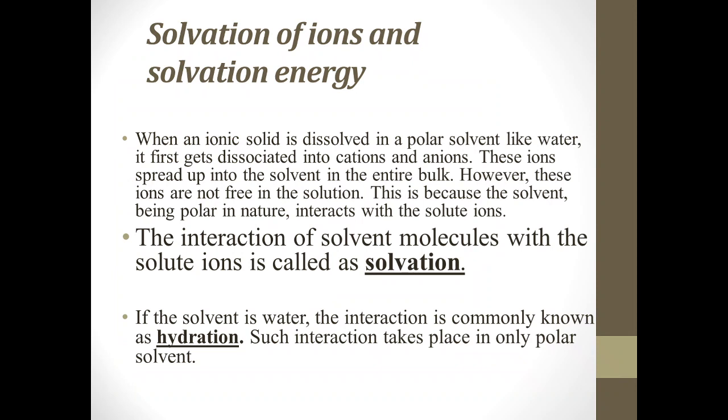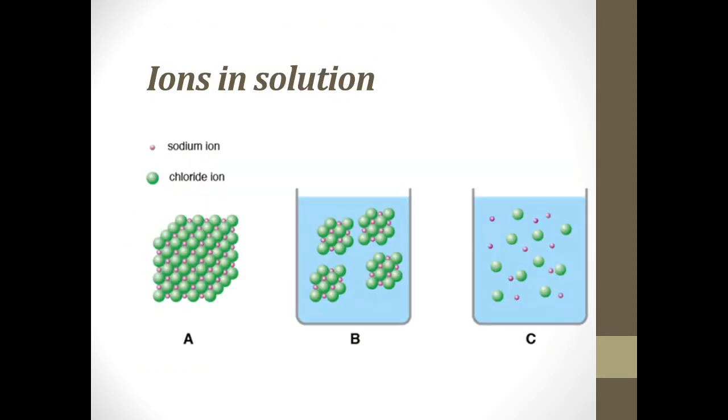Now, as we all know, an ionic solid can be dissolved in polar solvents like water. So, what happens when we dissolve this ionic solid in water? In this image, A denotes a sodium chloride crystal, where the green balls indicate chloride ions and the small ones sodium ions.